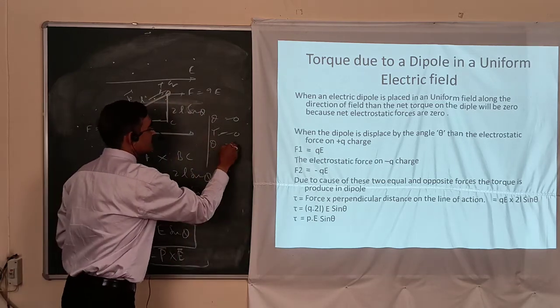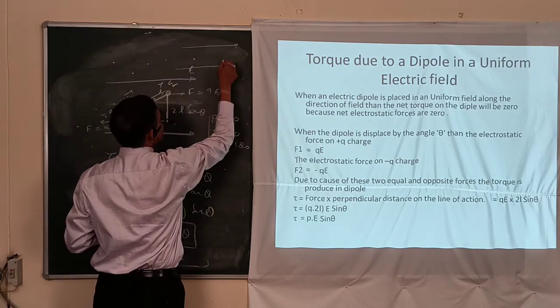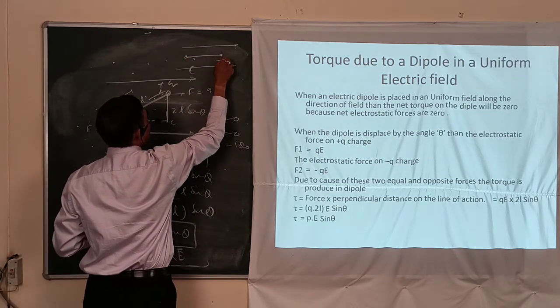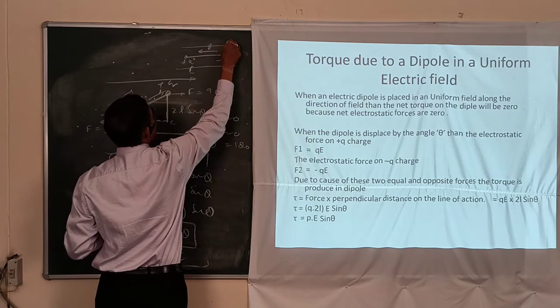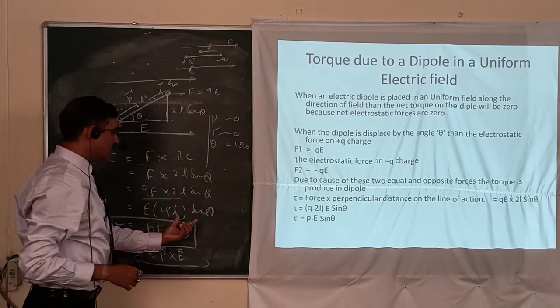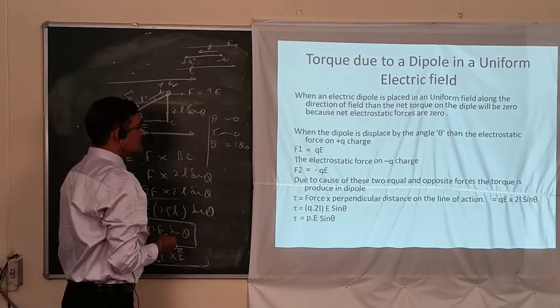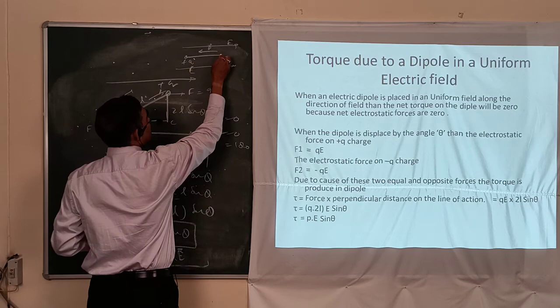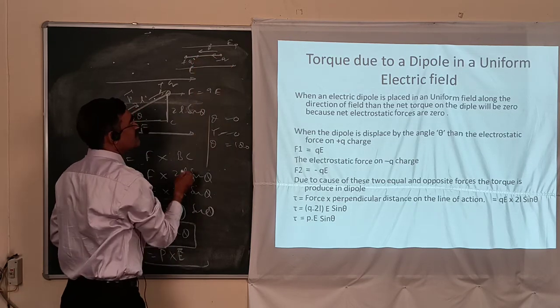Now if we take theta equal to 180 degrees, that is the condition when the direction of electric field is this, and this is the minus charge and this is the plus charge. So P will act opposite to the E. So theta is 180 degrees, and sine 180 is also 0. The torque will be 0. But in that case, the force on minus Q will act in this direction and plus Q will act in this direction.